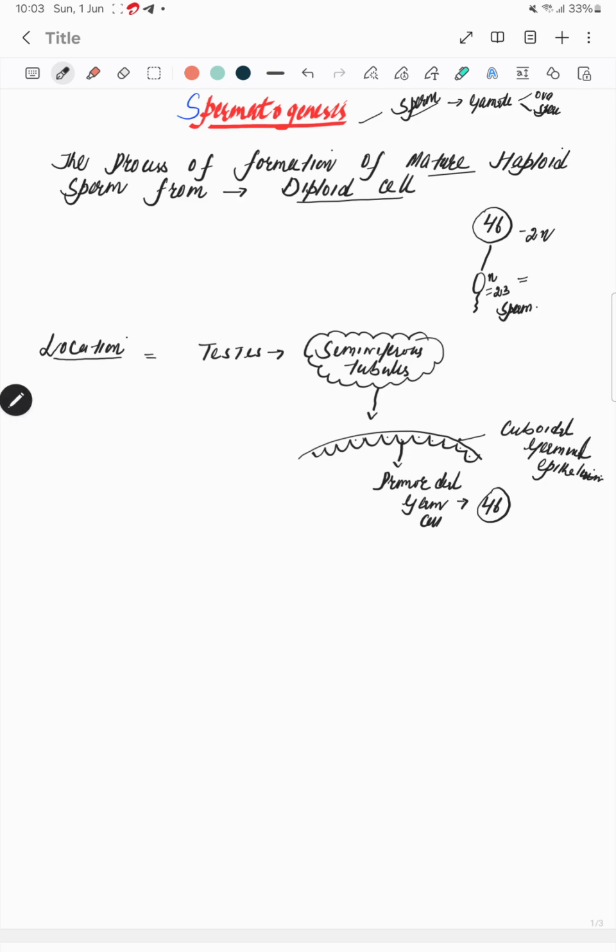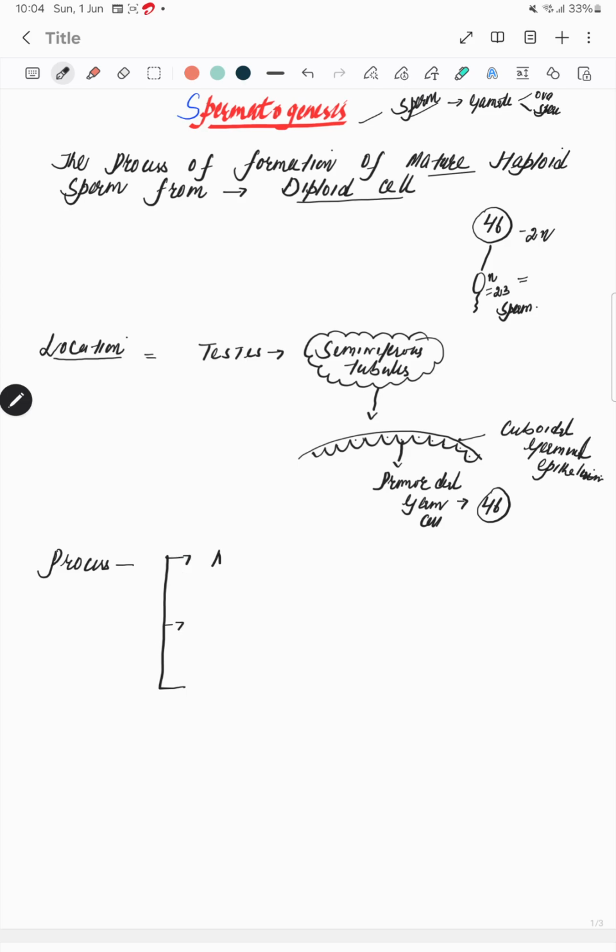Now, we will see the process of spermatogenesis. As we have already mentioned, there is a reduction of chromosomes from 46 to 23. This all goes on in the process known as spermatogenesis. The process of spermatogenesis is divided into three phases.